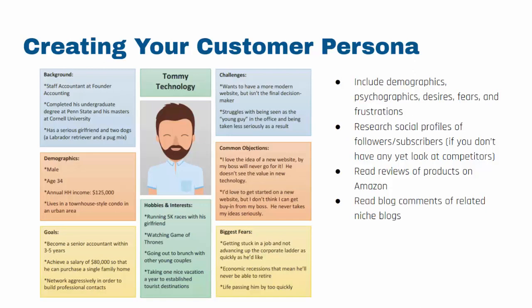And then you also need to talk a little bit about their desires, their fears, their frustrations. Getting all this information together is what's going to allow you to know what angles to create. For example, in my market, people are afraid of high cost per clicks. So if I create an advertorial that says something like '10 ways to reduce your cost per click,' my audience is going to jump all over that.